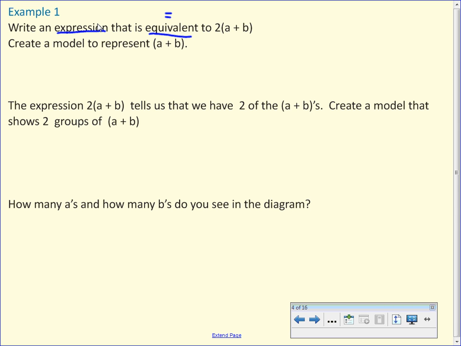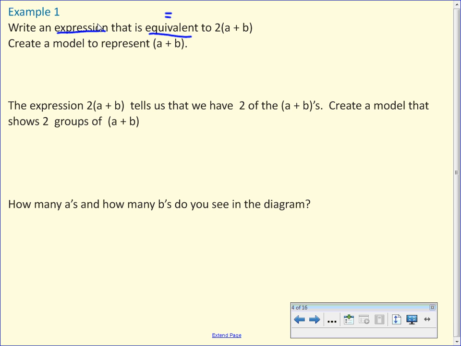So if I was going to draw a model, well, let's step back a second and just draw the model of A plus B. Do A and B have the same value? No. How do we know that? If they had the same value, they would have the same letter, the same variable.